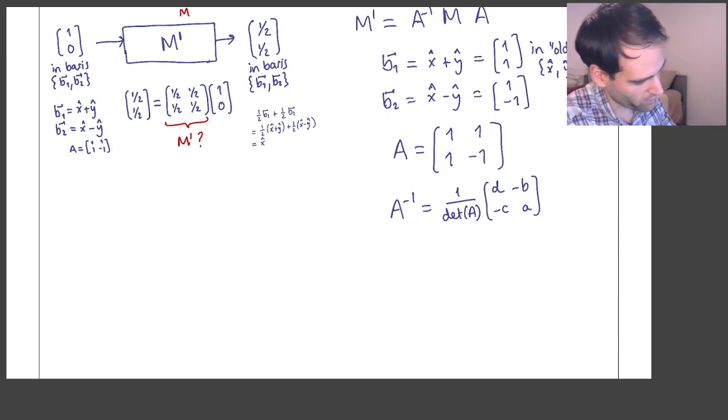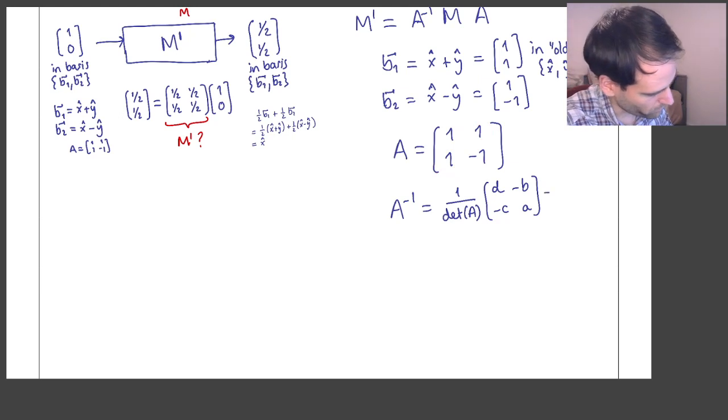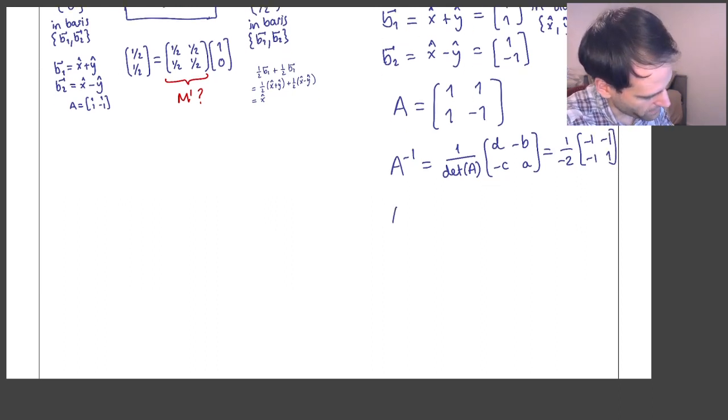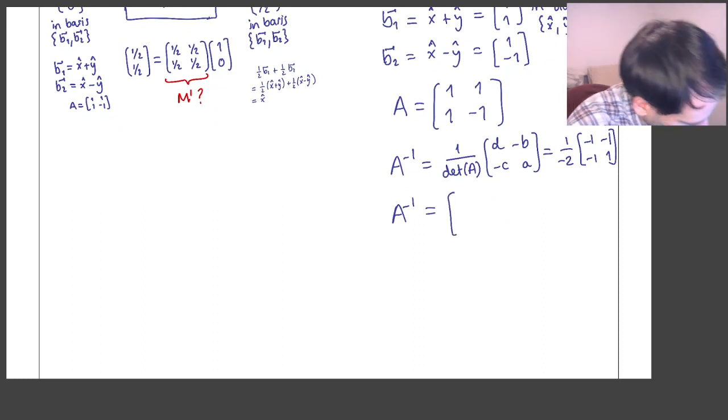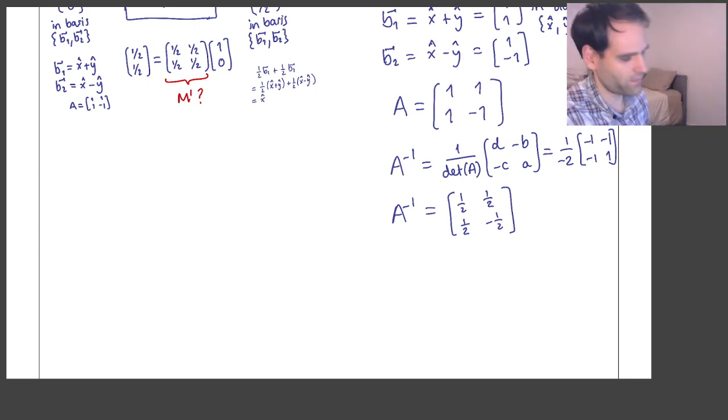So we have minus 1 minus 1, the determinant is minus 2. And then we do D, A, minus B, minus C. So the inverse of A is equal to the matrix 1/2, 1/2, 1/2, and minus 1/2. Okay, this is the inverse of A.